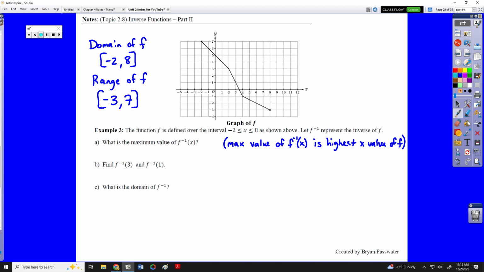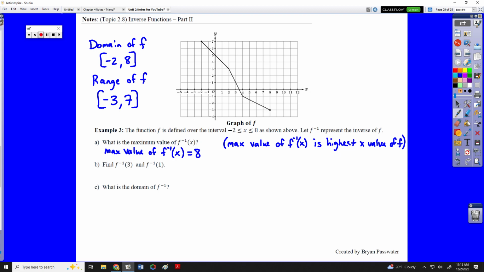It's the right endpoint of the domain. So the max value of f inverse would be the right endpoint of the domain, 8.